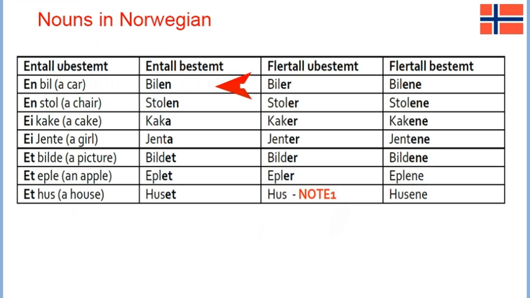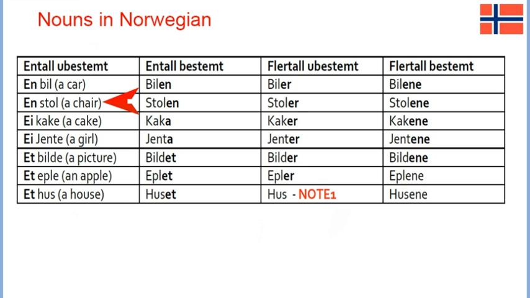To make plural, again you get an ending. Indefinite cars becomes biler, er ending, and the cars in Norwegian becomes bilene. Again, ene ending for the cars, plural, definite form. If that was a bit quick, I will go through the same with another noun. En stol, the equivalent of the English a chair.